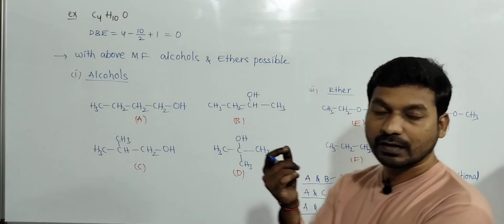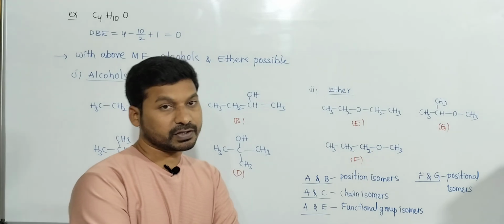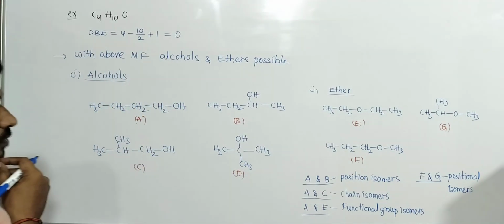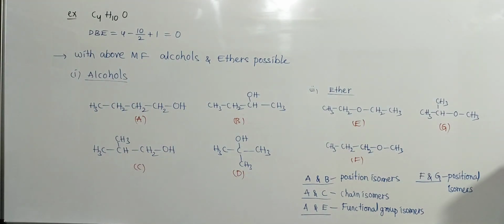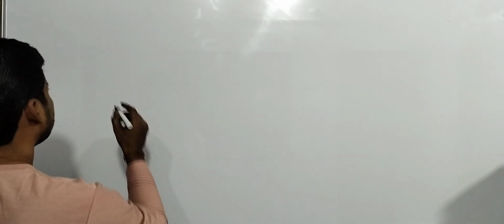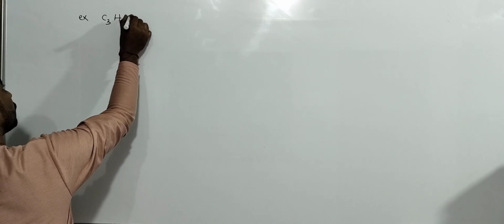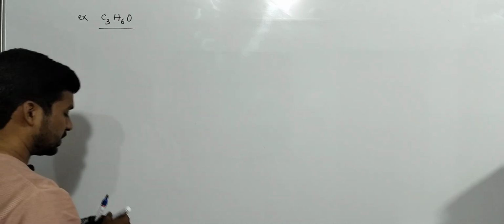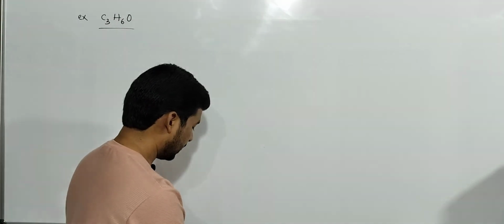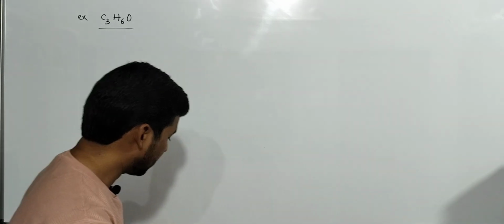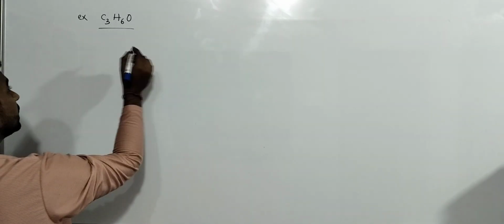Okay, in next example I will cover metamers, functional group isomers, ring chain isomers. Take this example, C3H6O. With this molecular formula, what is the double bond equivalence?